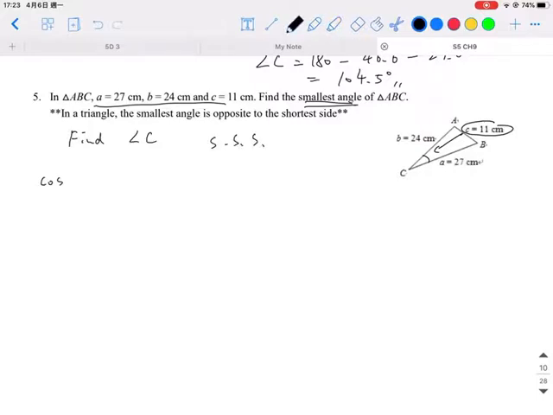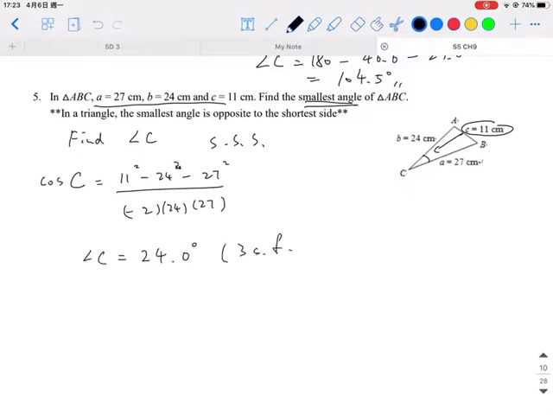So cosine C is equal to 11 squared minus 24 squared minus 27 squared over negative 2 times 24 times 27, and therefore angle C is equal to 24.0 degrees.